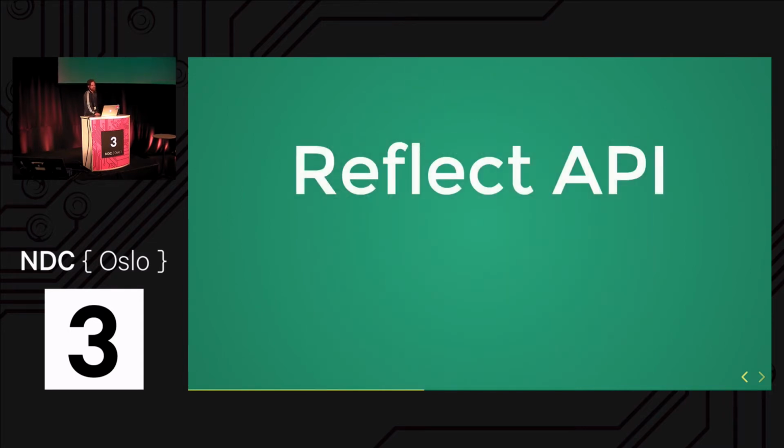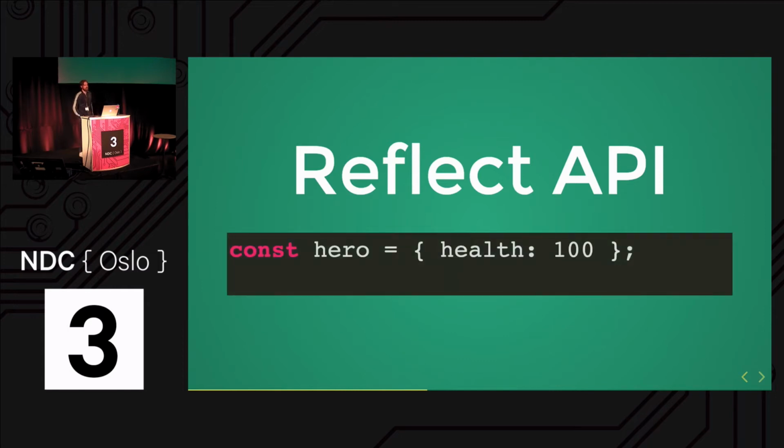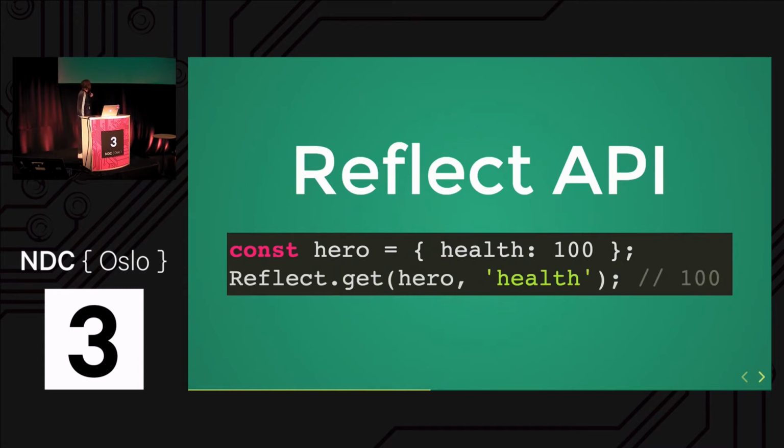And there's also this new API included together with the proxy, which is called the Reflect API. And the Reflect API is an API that has a method for any type of operation that you can do to an object. So if I have an object here, I can use reflect.get to pull out the health property of the hero.